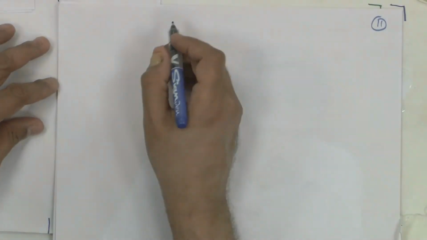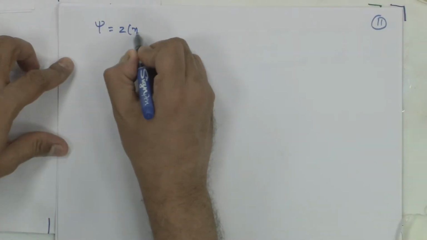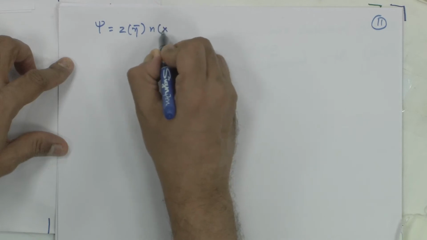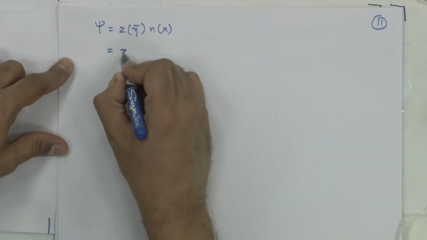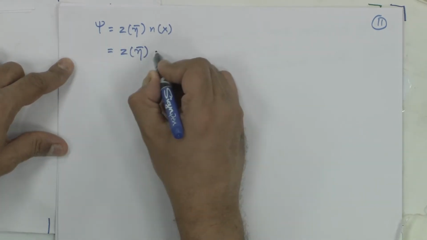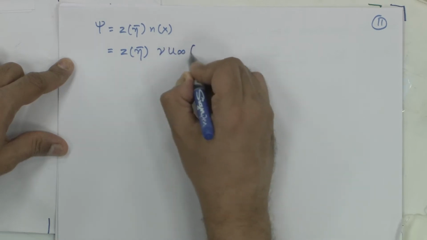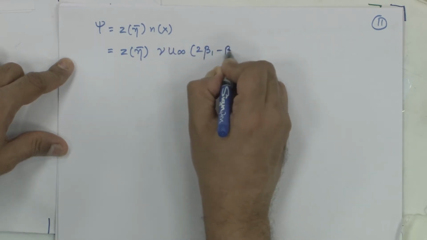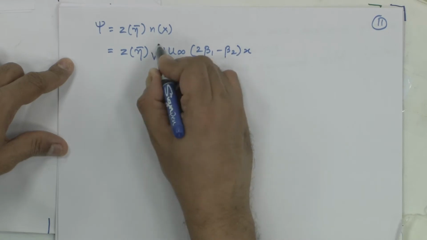Remember, let us go back to the definition. We showed here the definition of n is nu u infinity, this one. So, psi is equal to z of eta bar n of x. I will just substitute for n. Z of eta bar nu u infinity 2 beta 1 minus beta 2 into x.